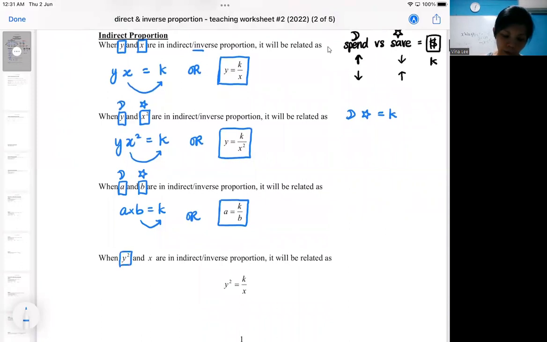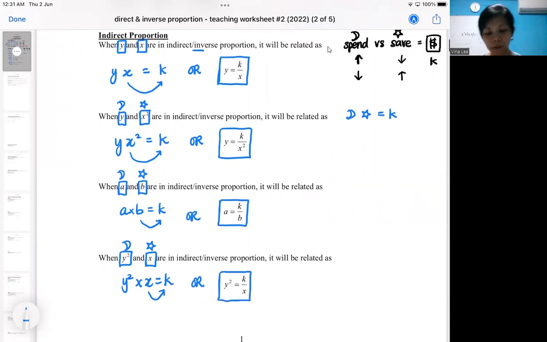When the two variables are inverse, you see them as a product, and that will be equal to a constant. Otherwise, you can divide over and you see y squared equal to something. So it is your choice. You might want to see it as a product equal to a constant.